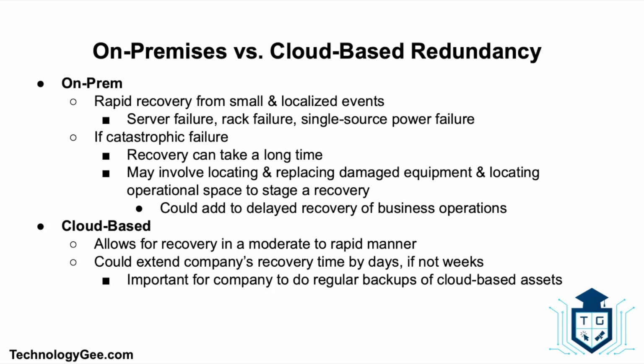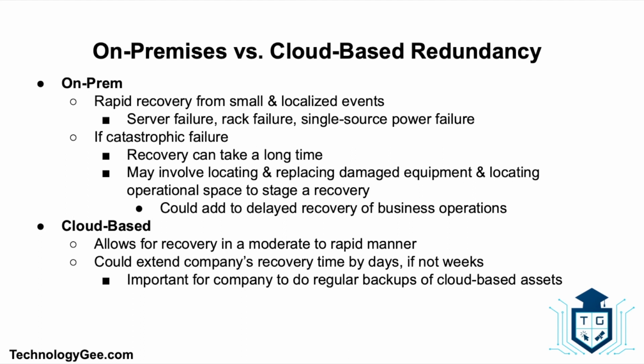And finally, let's talk about the differences between on-premise versus cloud-based redundancy. So on-premise redundancy, this provides rapid recovery for small and localized events, such as a server failure, rack failure, or a single source power failure. In the event of a catastrophic failure, on-premises recovery can take a very long time, which may involve locating and replacing damaged equipment and locating operational space to stage a recovery, which could add to the delayed recovery of the business operations.